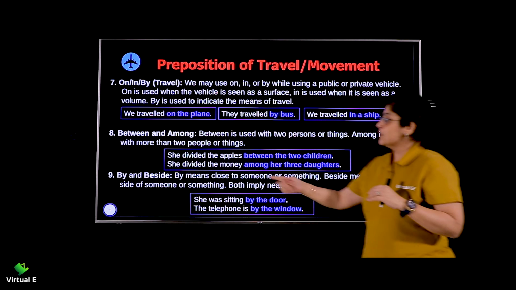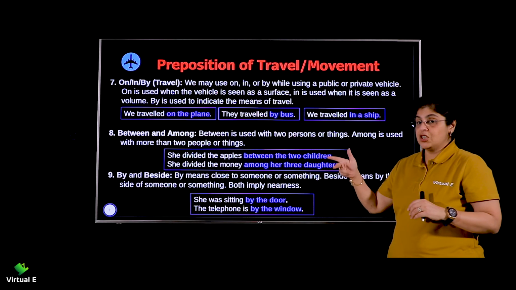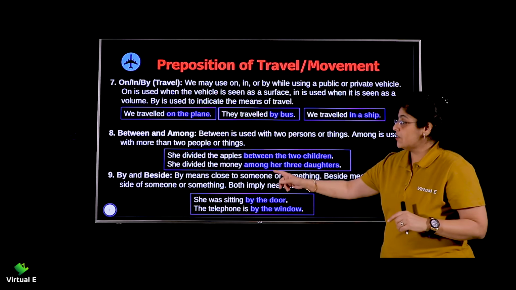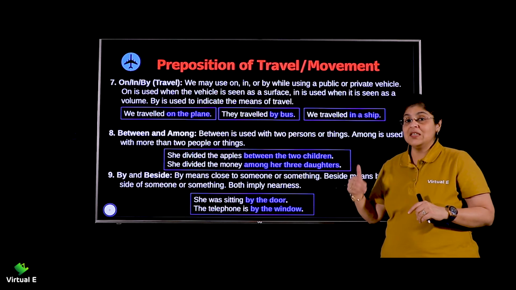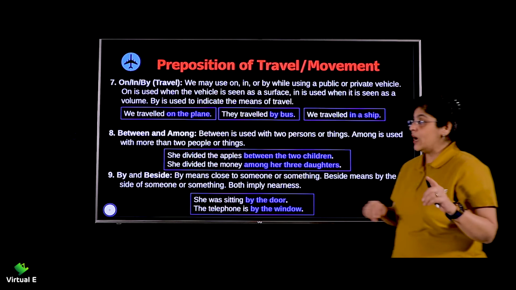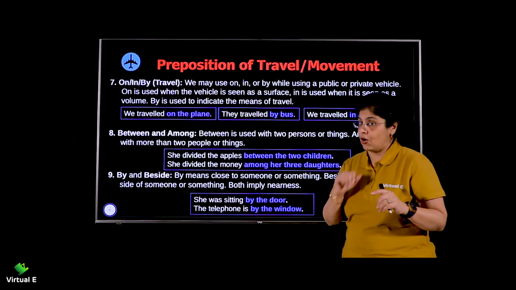See the examples. She divided the apples between the two children. So there were two children, she divided between them, not among them. She divided the money among her 3 daughters. So you see there are more than two, so it is among, right? So you have to know this very well. Otherwise, grammatically, you will go wrong.